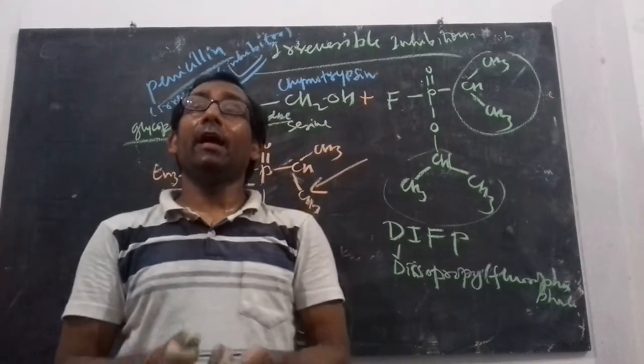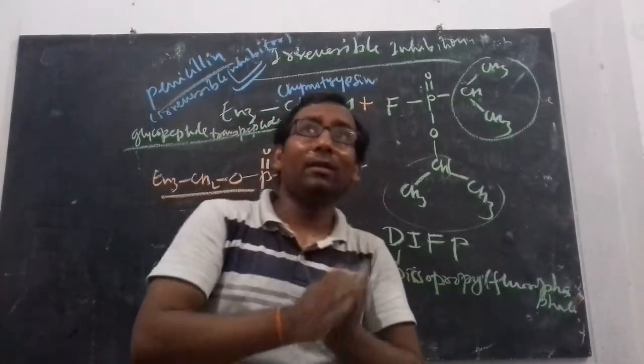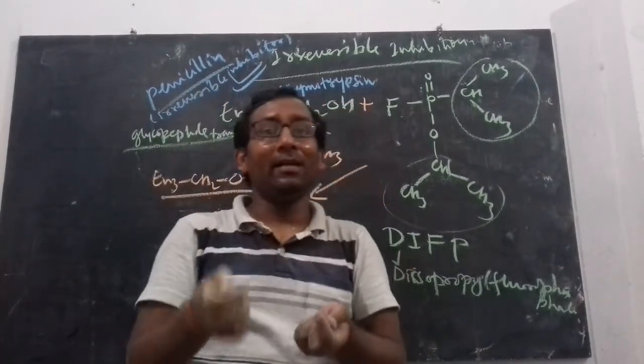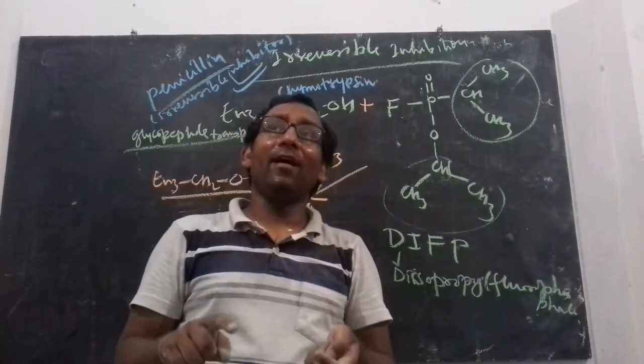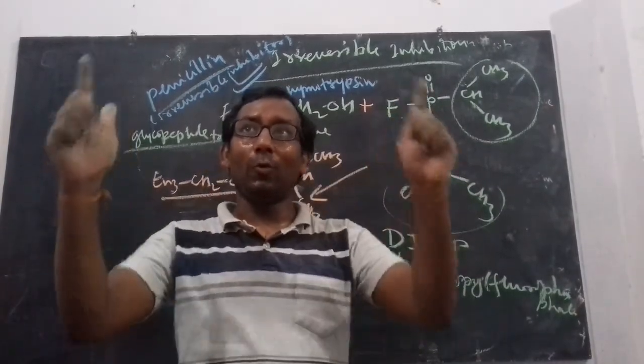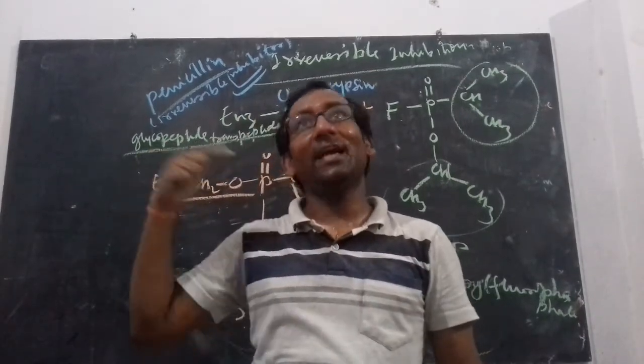So, I hope you understood what reversible and irreversible inhibition are. In reversible inhibition, you have learned there are three types: competitive, uncompetitive, and non-competitive. You learned how to draw the reciprocal plot and how to understand it.